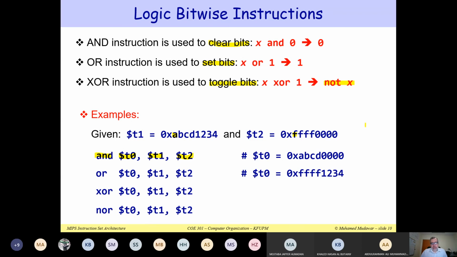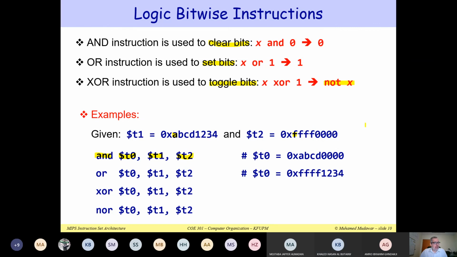How about when I XOR T1 with T2? What do I get? Oh no, sorry. Basically, when I XOR with 1, I get the complement. So what's the complement of A? 5.